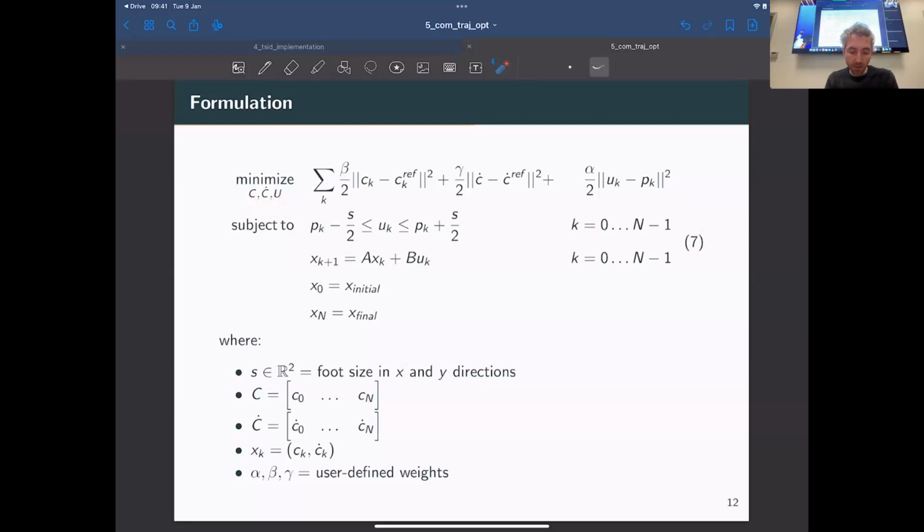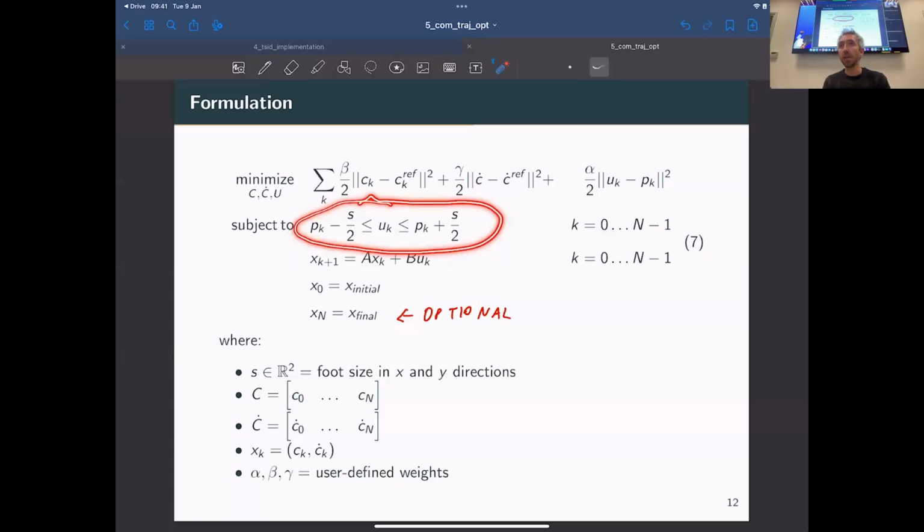And the cost function is simply the summation of the tracking error for these three quantities. And the constraints are the dynamics of the system, initial conditions. If we want, we could have terminal conditions. Those are optional. It depends what we want to do. And what we have here are the center of pressure bounds.